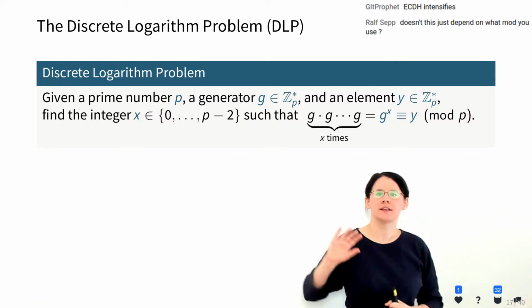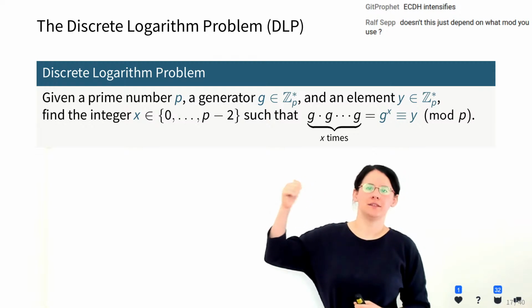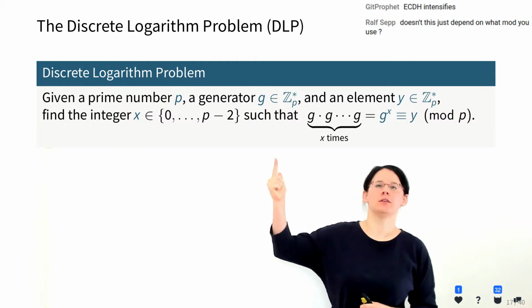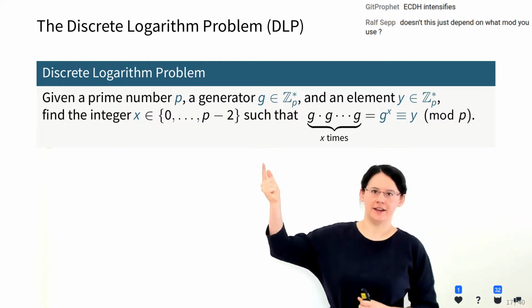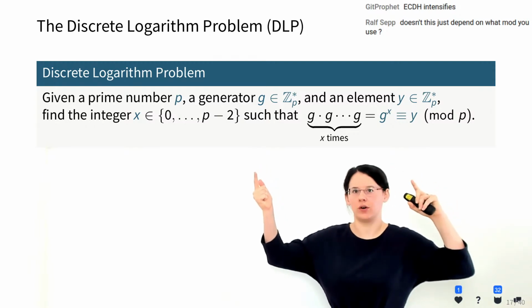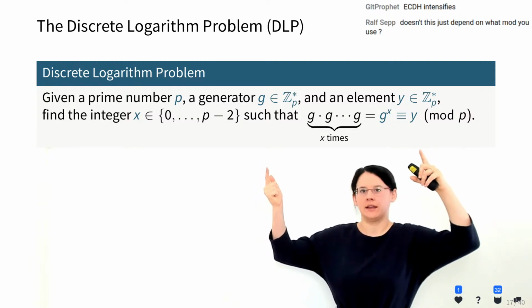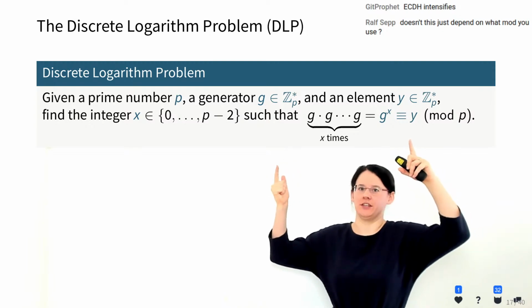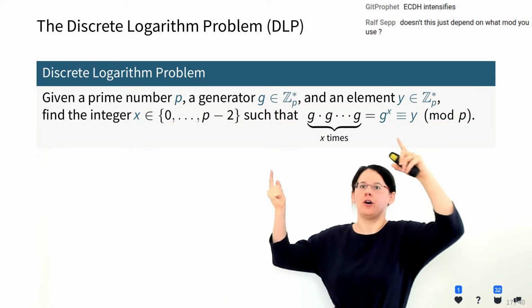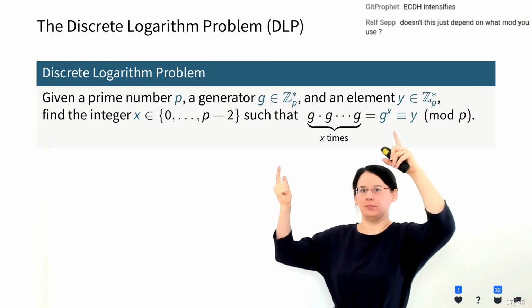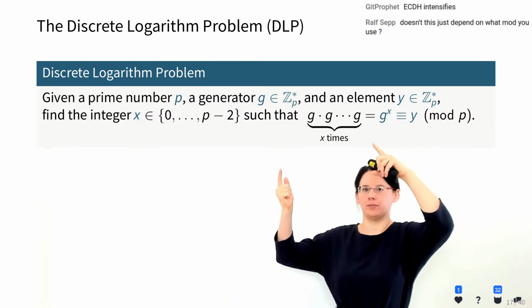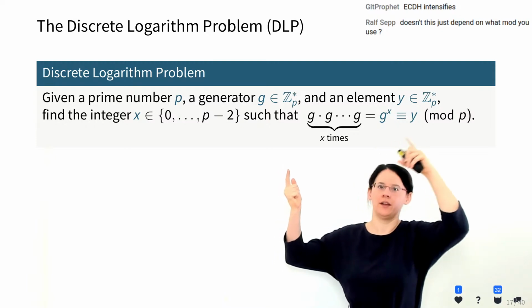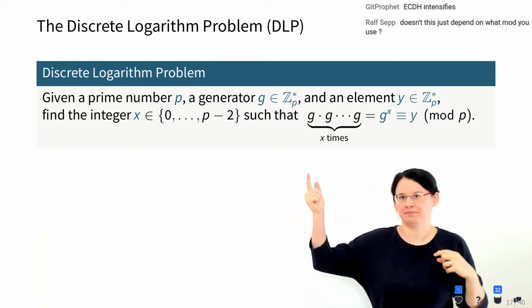So it asks, if we are given a generator and any other number that it can generate, which is in this case called y, then how does my generator generate y? In other words, what exponent x do I have to pick? So how often do I have to multiply g to itself in order to generate this element?